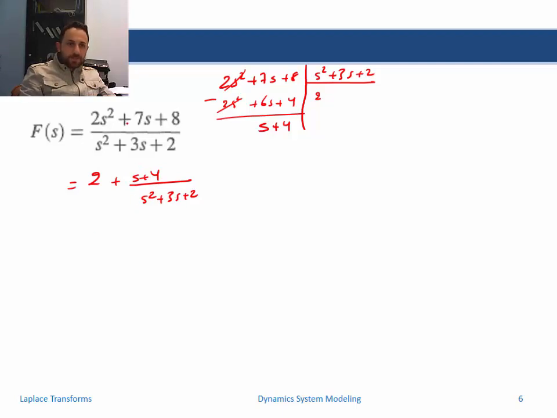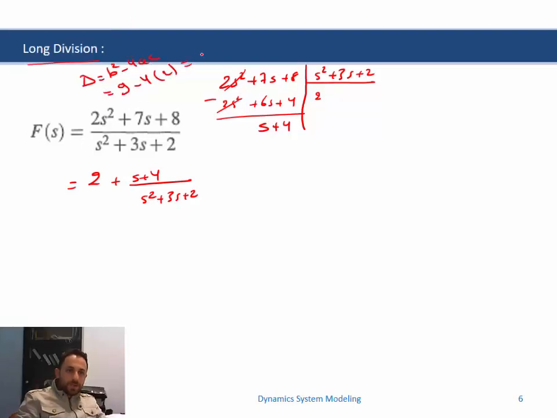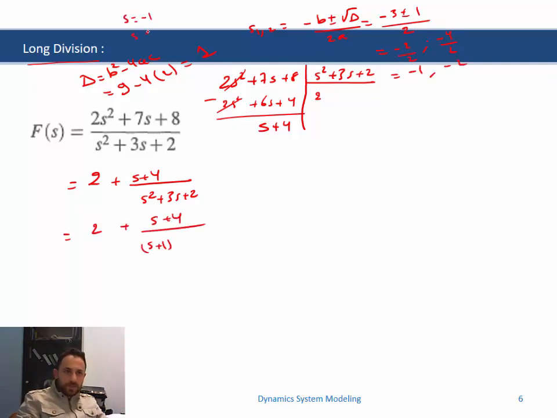So we want to factorize this term. We can get delta, which is equal to 1, right? Then s1,2 is equal to minus b plus minus radical delta over 2a, where b is equal to 3. Now we use the method we discussed previously, a over s plus 1 plus b over s plus 2, partial fractions.